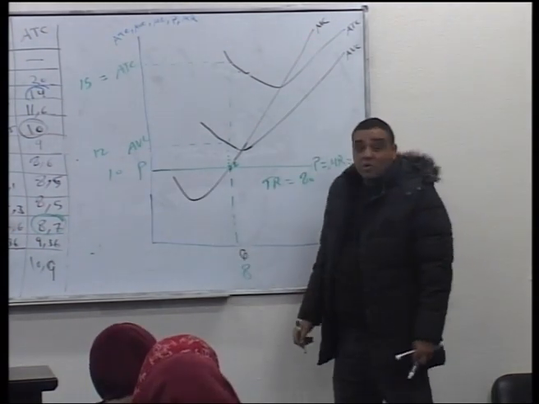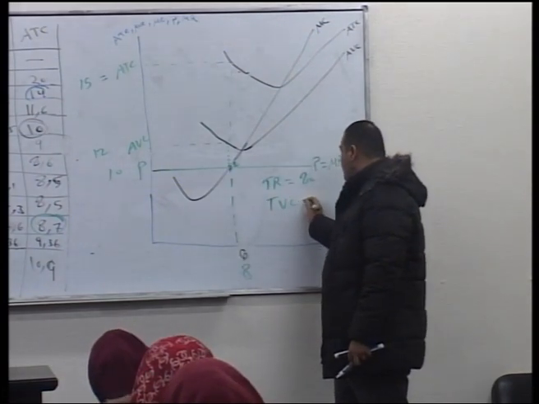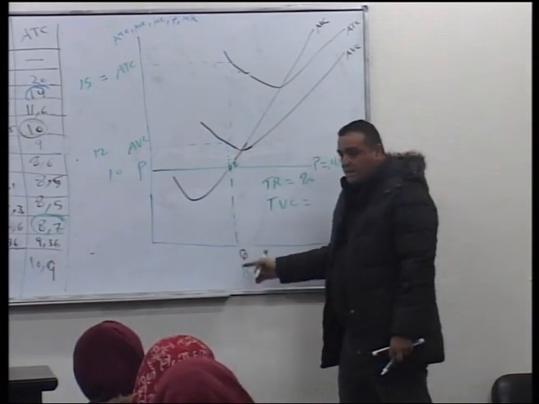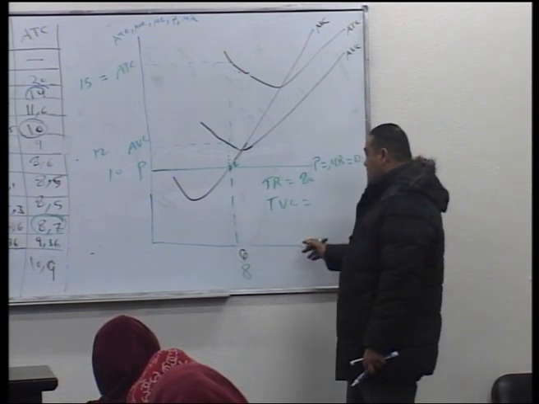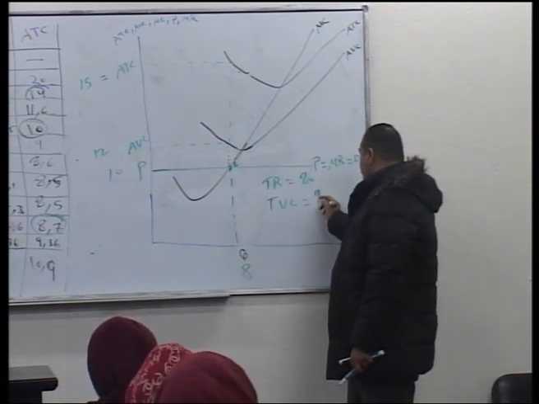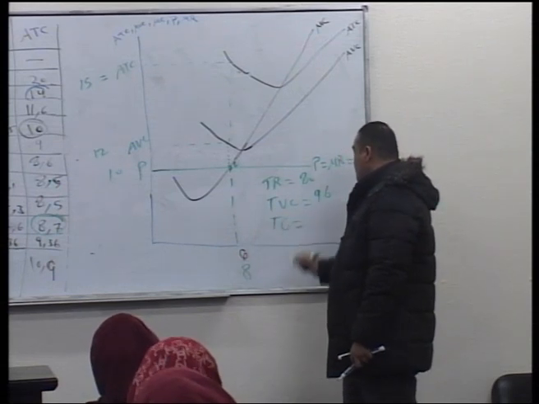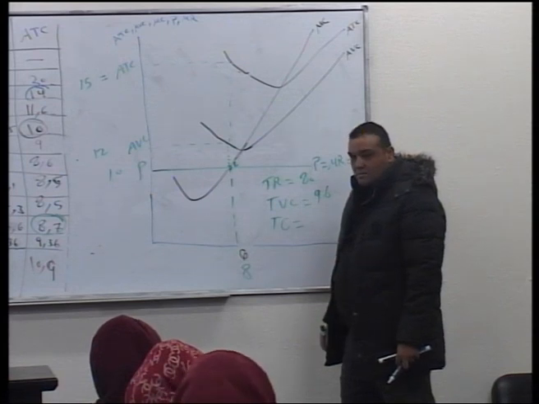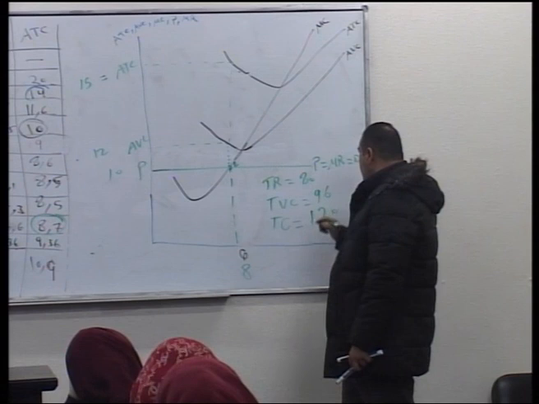Total variable cost TVC is 12 times 8. How much is this? 96. TC is 120.